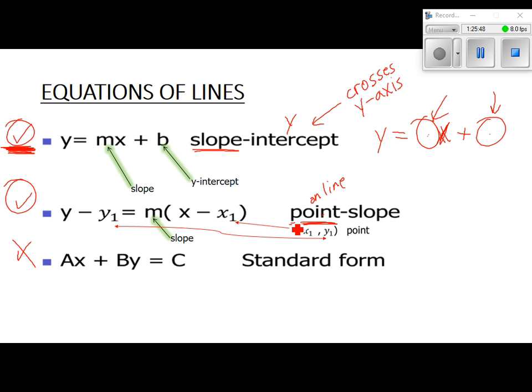All you're going to do with point slope is you take the coordinates of the point, you got your x coordinate, you got your y coordinate, you're going to plug that x coordinate in right there, you're going to plug the y coordinate in right there, and whatever the slope is, you're going to stick in right there. So you're just taking three numbers and sticking into those three spots. Don't make that harder than it is.